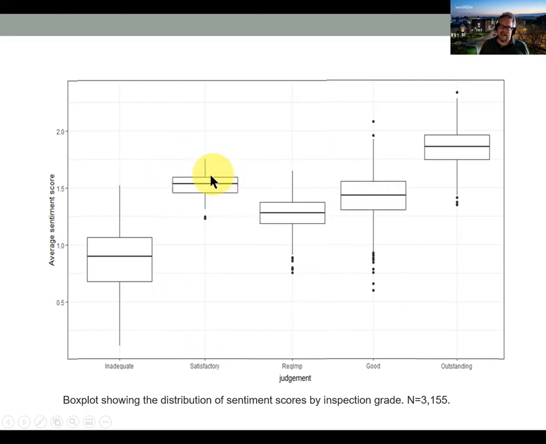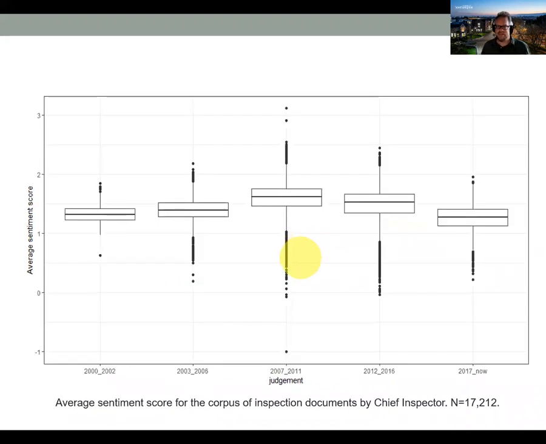And after this was changed to requiring improvement, it actually went down in sentiment, perhaps not as far down as you might expect. But the whole point of this exercise was to show that indeed you could mine all these thousands of documents with millions of words, and you could actually discern certain policy changes over time.